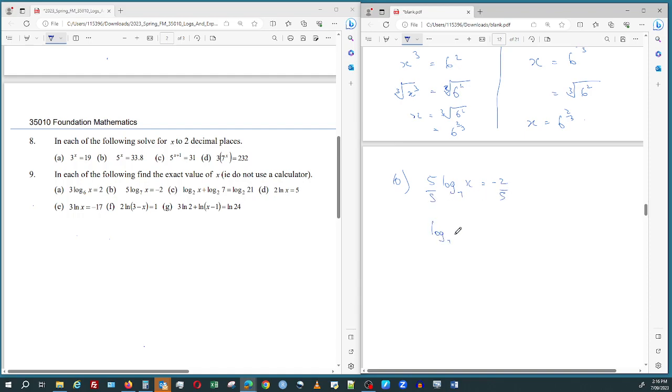So log base 7 of x is -2/5. How do I undo log base 7? You're going to get used to it, I hope you do. So that one came straight out, didn't it? I could do the whole 5th root of 7 squared, 5th root of 49, or I could leave it in that form.